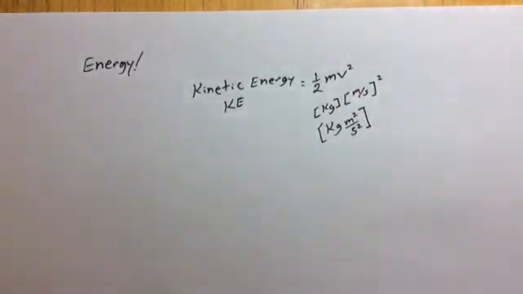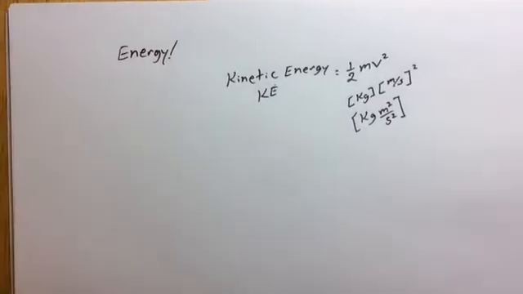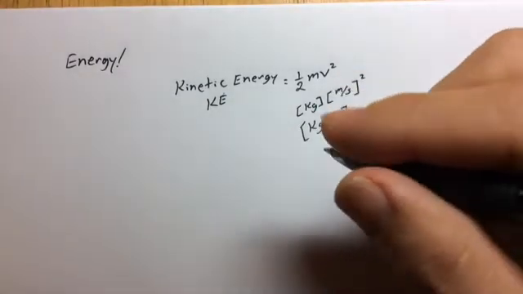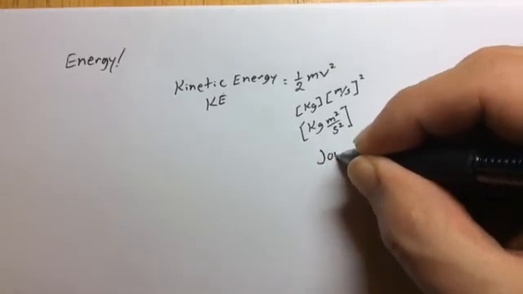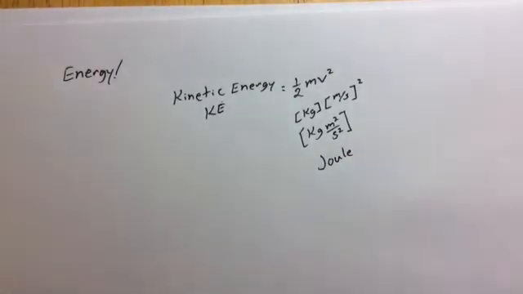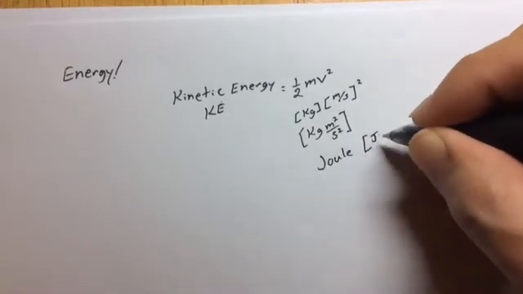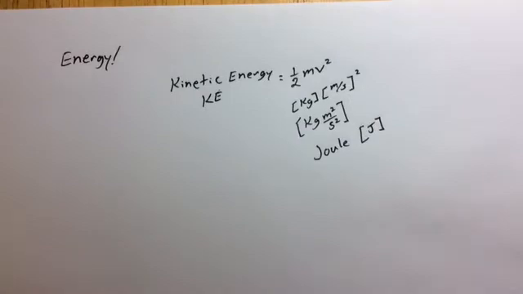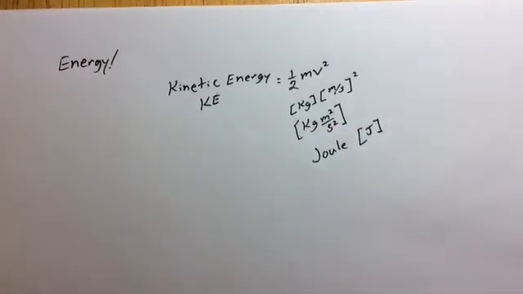That's kind of a pain to write all the time, so in honor of this guy with the last name of Joule, they replaced this with the word joule, or often you're going to see just a J. So in our problems, if you see a unit of J, it really means a kilogram meter squared over second squared.